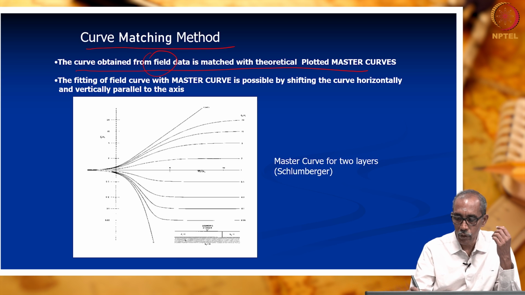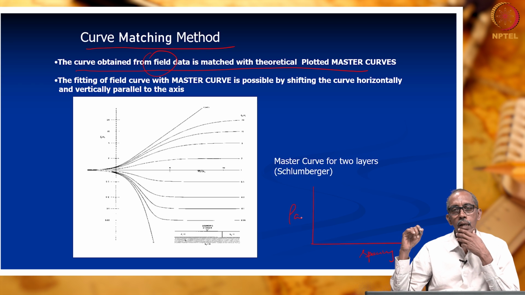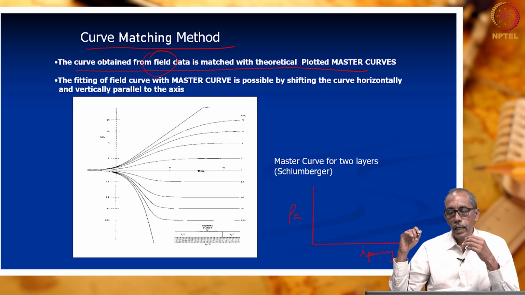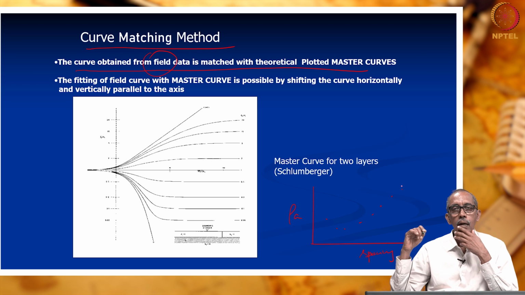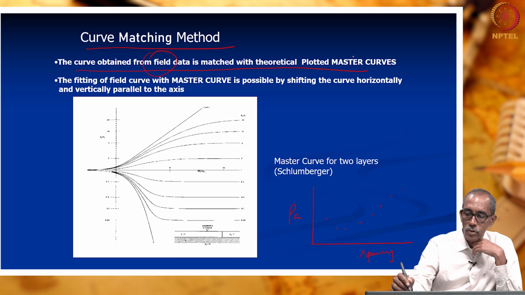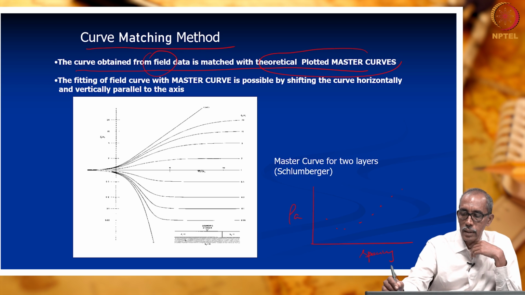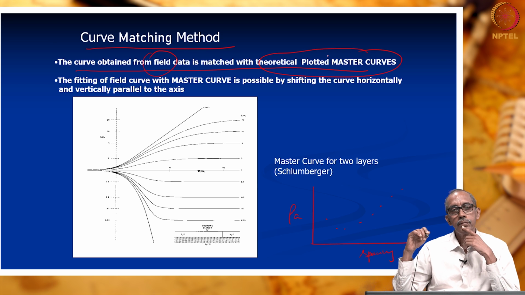Whenever we do vertical electrical sounding, we end up with a relation between electrode spacing versus rho A. We get this plot by carrying out the field work. Now, we have this plot of values, and we also have what are known as theoretical master curves.